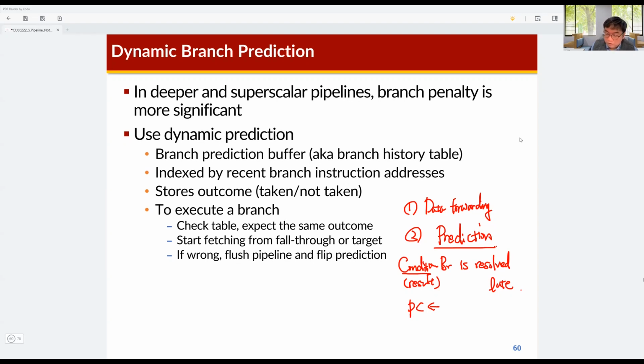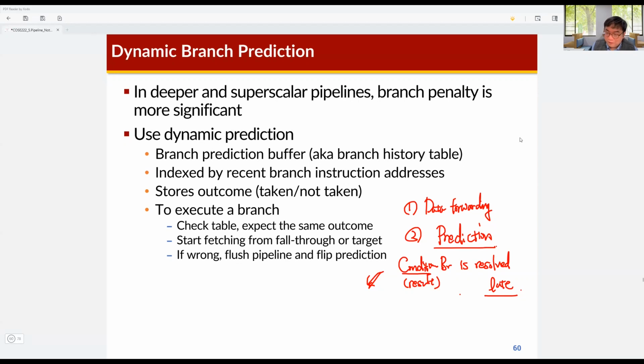In this case, the clock cycles are wasted. So we need to focus on the resolved late.